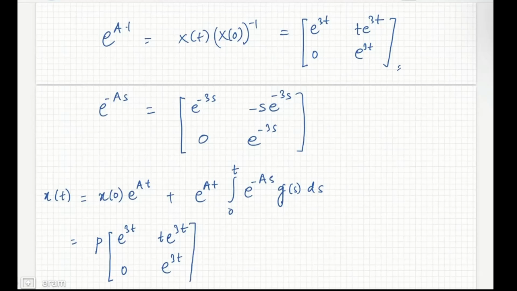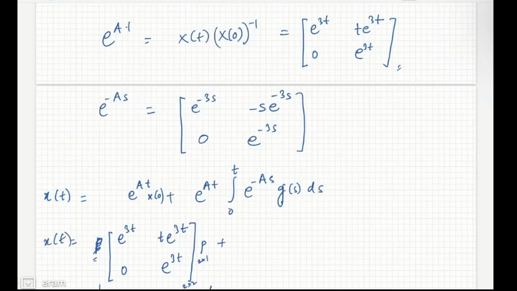So p will obviously be a 2 cross 1 vector. For that we need to write p here, because then only we can do a matrix multiplication. So let's write x(0) here. p is obviously a column vector of size 2 cross 1. So this multiplication will give you a column vector of size 2 cross 1, which is consistent with the solution x(t).